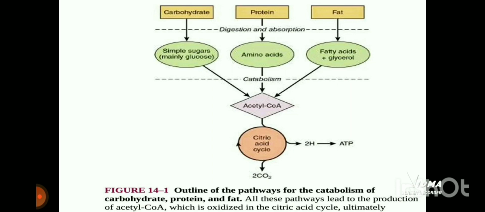Digestion and absorption of these constituents. After that, in stage 2, they are converted into simple sugar, mainly glucose, from carbohydrate; amino acids from protein; and from fat, fatty acid plus glycerol.